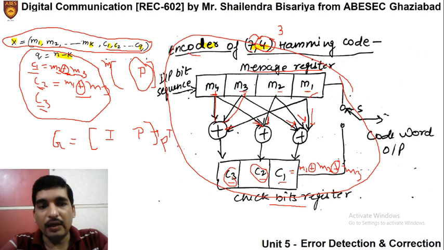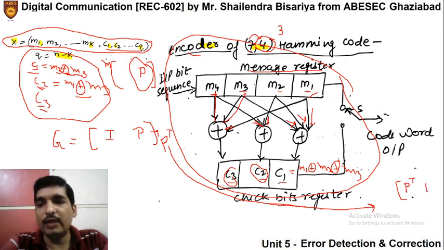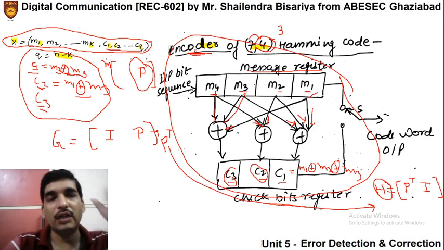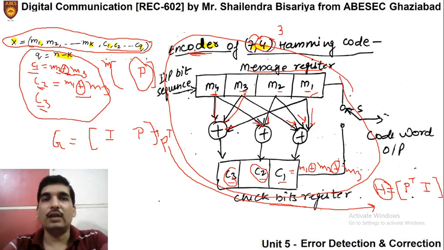If I write a matrix such that initially I write the transpose of the parity matrix, PT, followed by an identity matrix, then this matrix is known as the parity check matrix, represented as H. What this parity check matrix is and what its role is will be clear when we discuss the decoder; we have discussed the encoder so far.